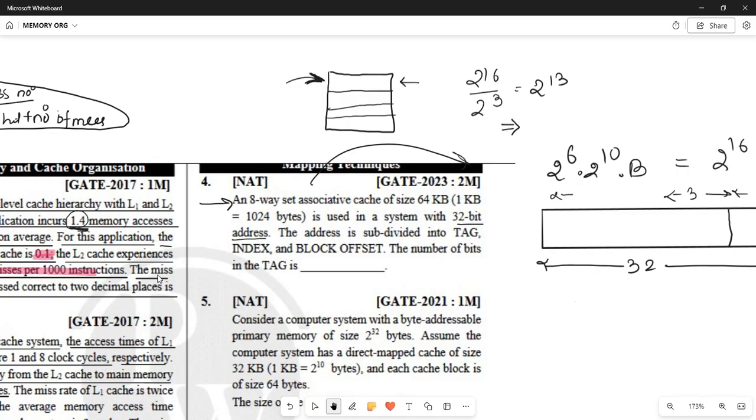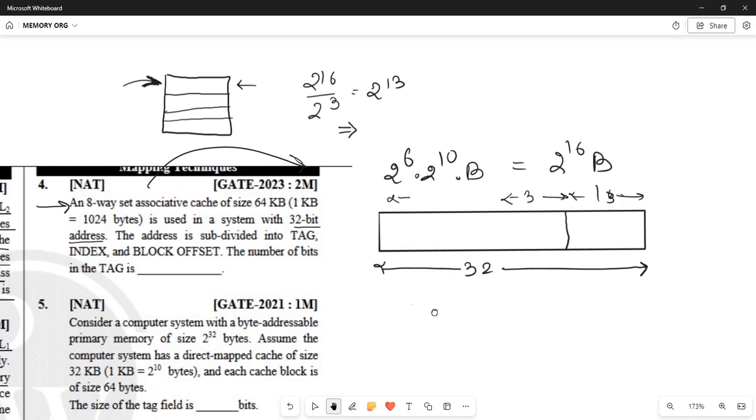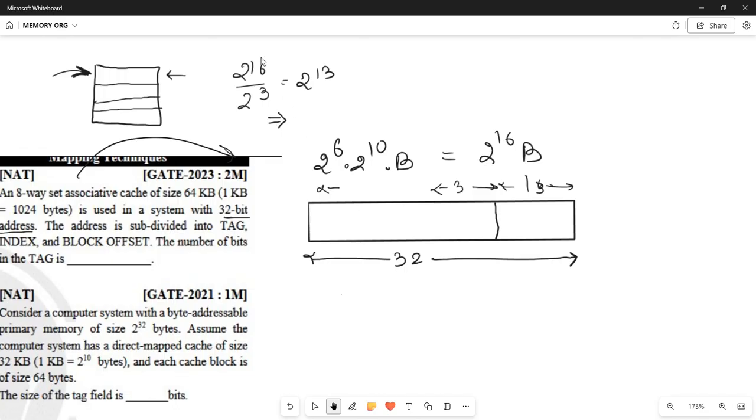So there is a word offset. It is byte addressable, right? So let's assume the line size to be 1 byte.